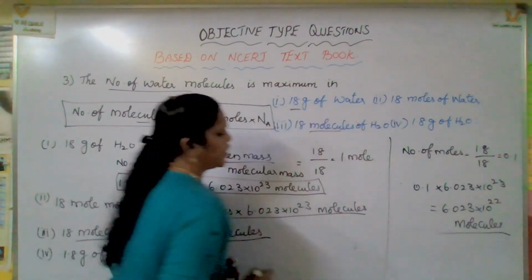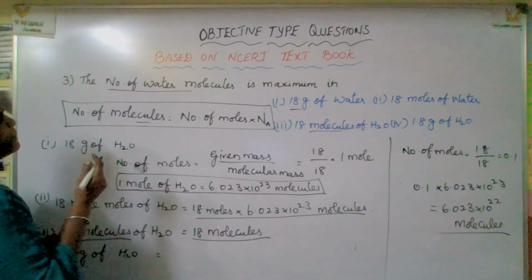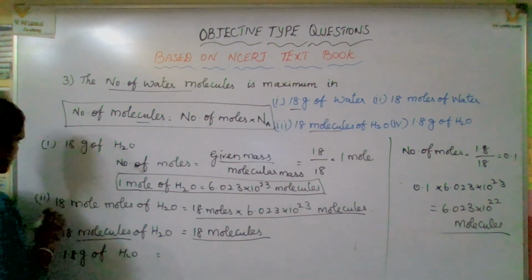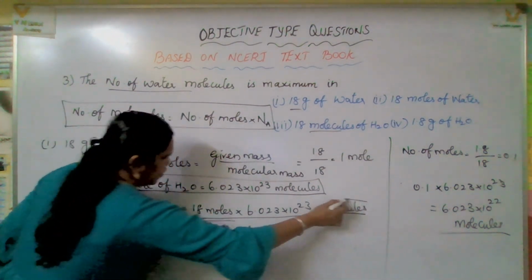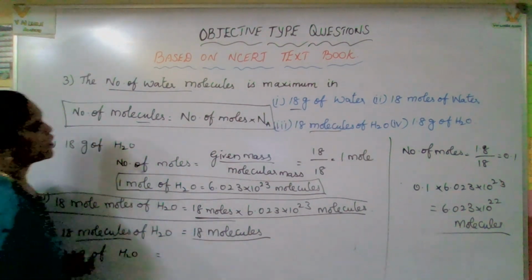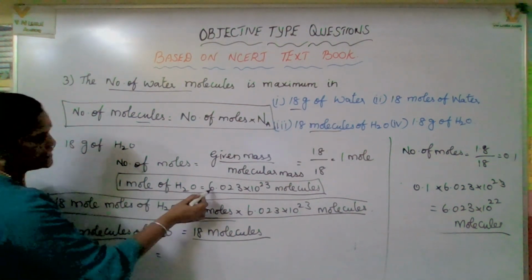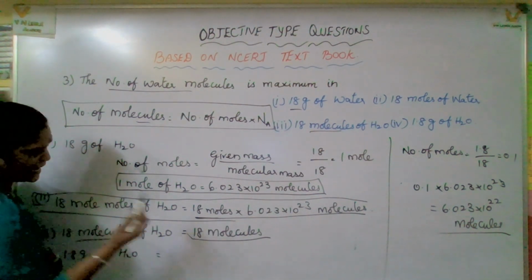Okay, now which has the maximum number of water molecules? The second option, 18 moles of water. When you calculate this, you will get the maximum number of water molecules. See, here 6.023 into 10 to the power of 23 molecules only, whereas here 18 molecules only.